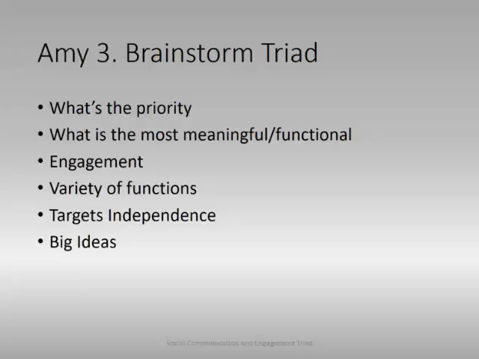So what would engagement look like for Amy? She would initiate and she would respond contingently, maybe maintain the conversation long enough to give her the opportunity to learn about her communication partner, and to do that in a way that's really natural and comfortable.